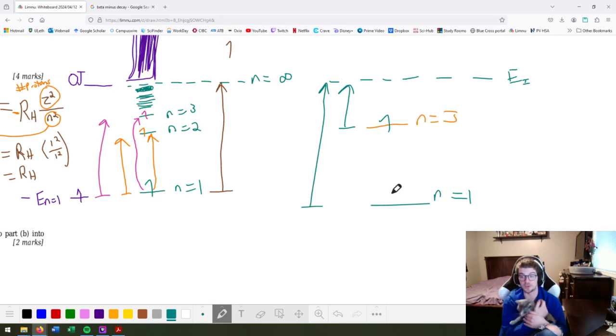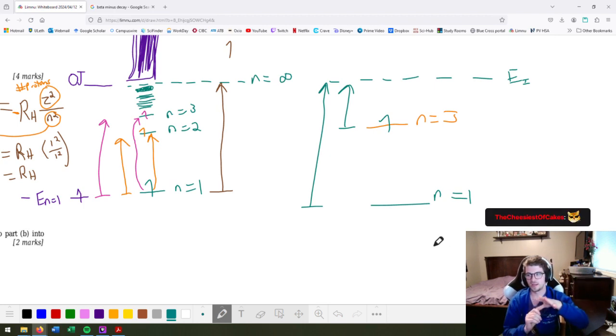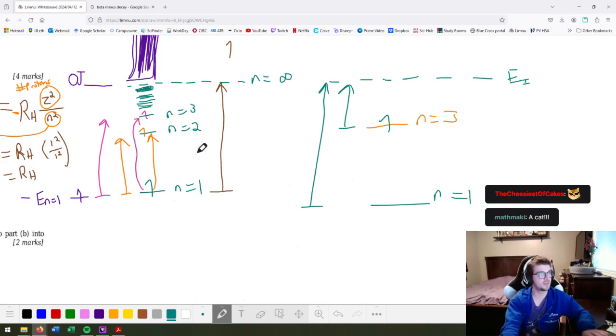Okay, so basically the concept is that if you've got a sample of this compound, and you are bombarding it with radiation, there was a wild cat has appeared.